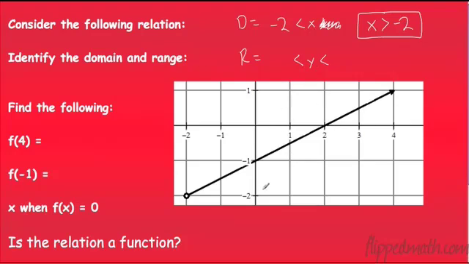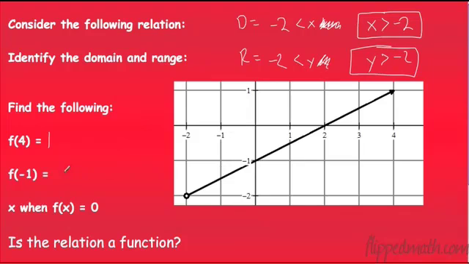Let's try our y's. What's my lowest y? -2. My highest y, well, so in this case, the domain and the range are very similar. So let's see, find f of 4. So x is 4. What's my value of y? 1. Find f of -1. Well, we're going to have to round this one, right?